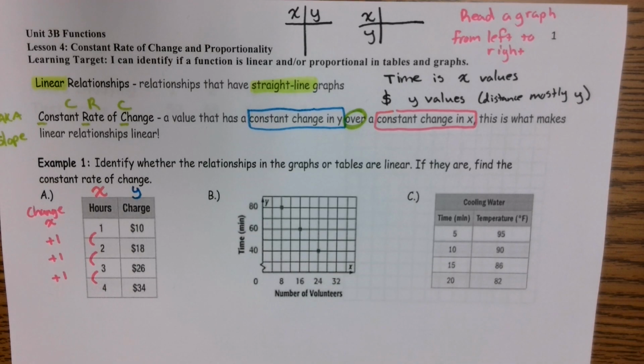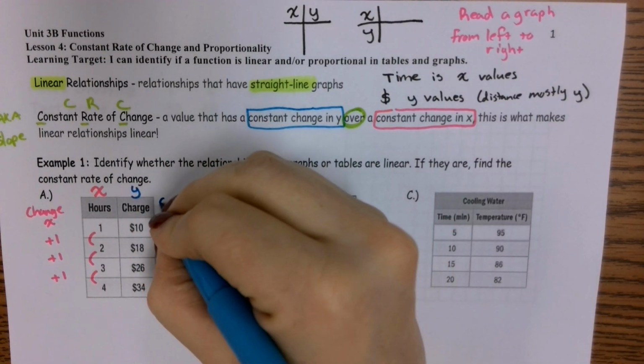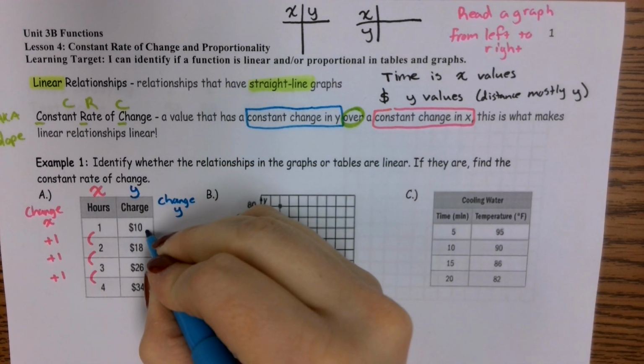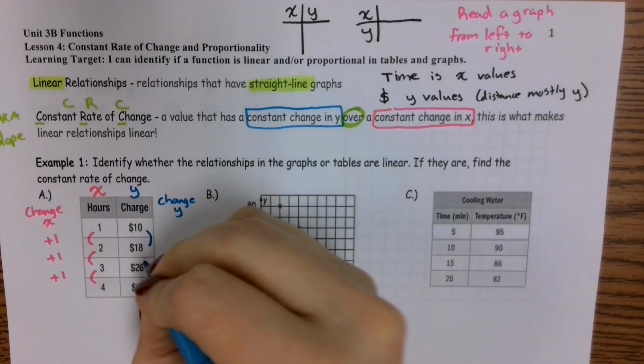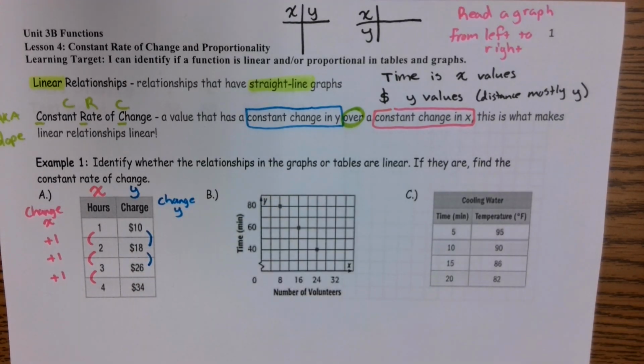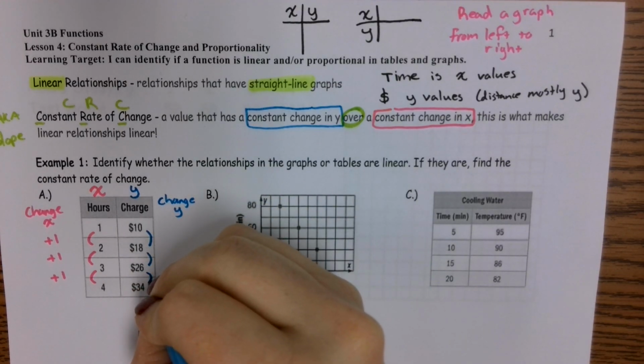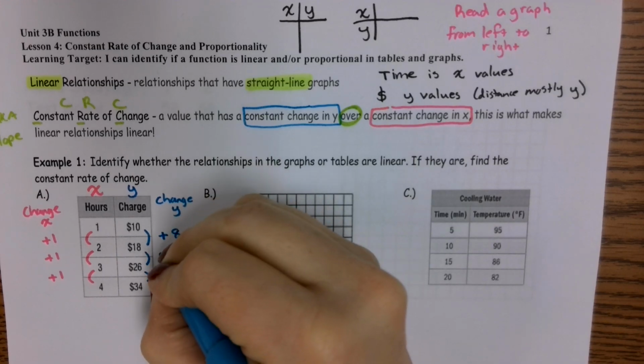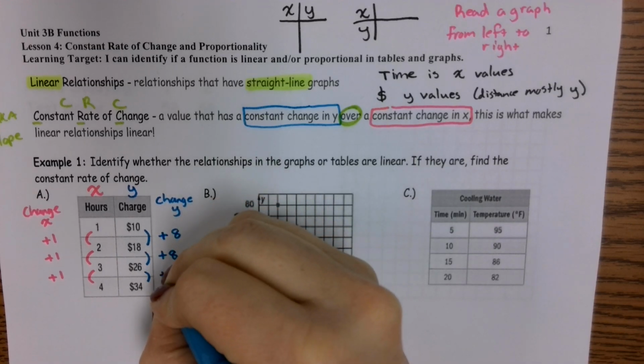Okay, then for our change of the y, we're going from $10 to $18, $18 to $26, and then $26 to $34. So here we are increasing consistently by the value of 8.